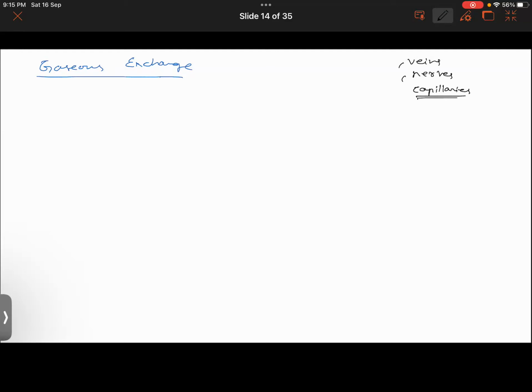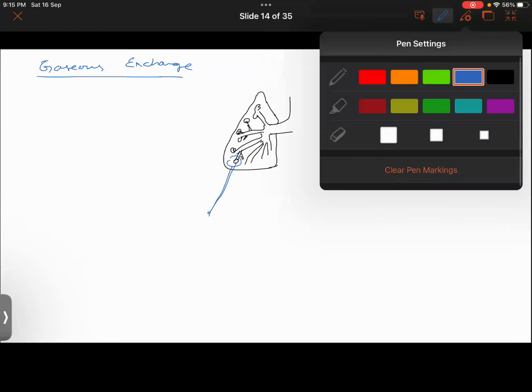Now, I'm just drawing one section of the lungs here. If you were to see the actual human lungs, it looks very beautiful. It's almost like the branches of a tree are spread inside it. Now, this portion which you are seeing, this actually is alveoli.